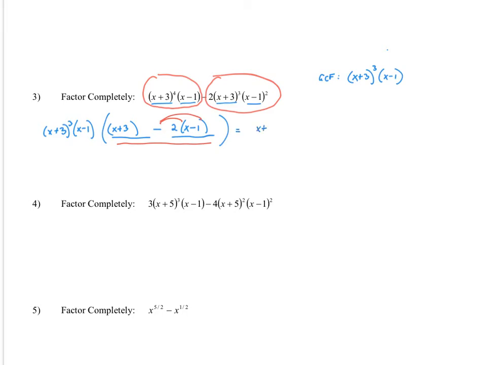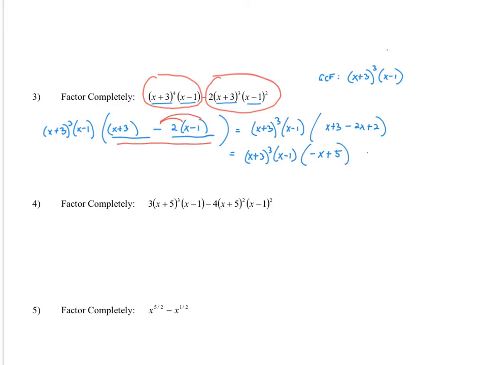We will get x plus 3 cubed times x minus 1 times x plus 3 minus 2x plus 2. Finally, we'll combine our like terms. x plus 3 cubed times x minus 1 times negative x plus 5.